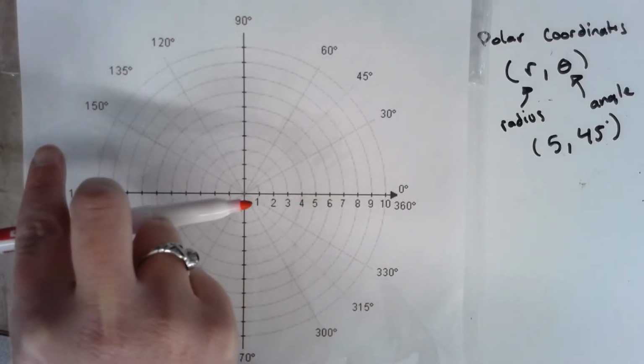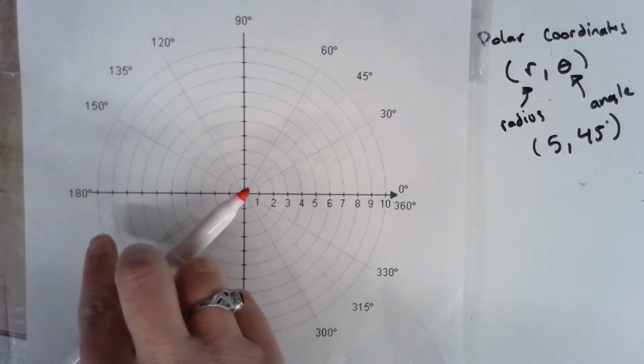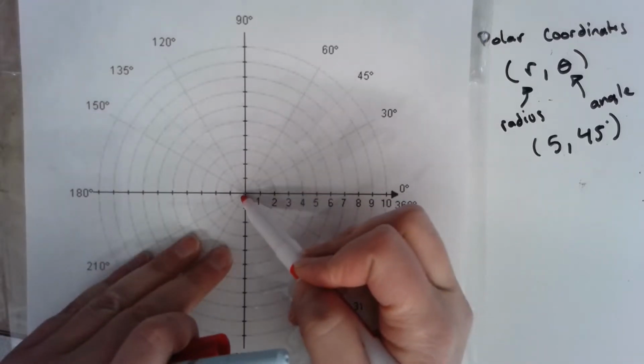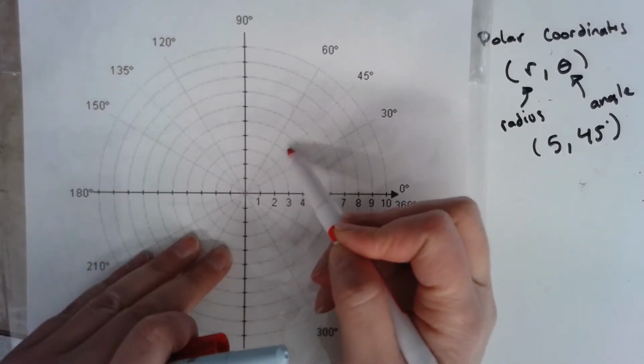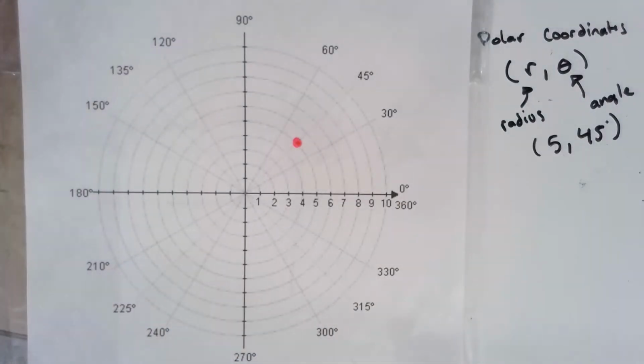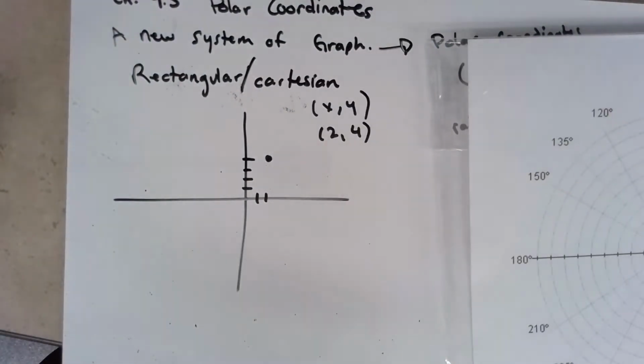We decide to turn 45 degrees, and then we walk out 5 spaces: 1, 2, 3, 4, 5. So that's the point 5, 45 degrees. There's my polar coordinate.